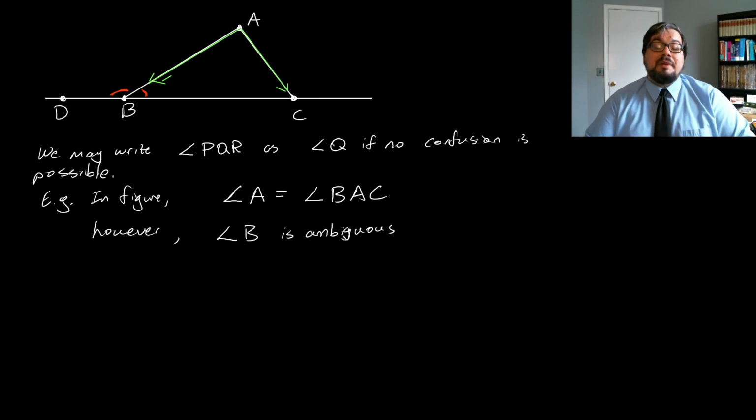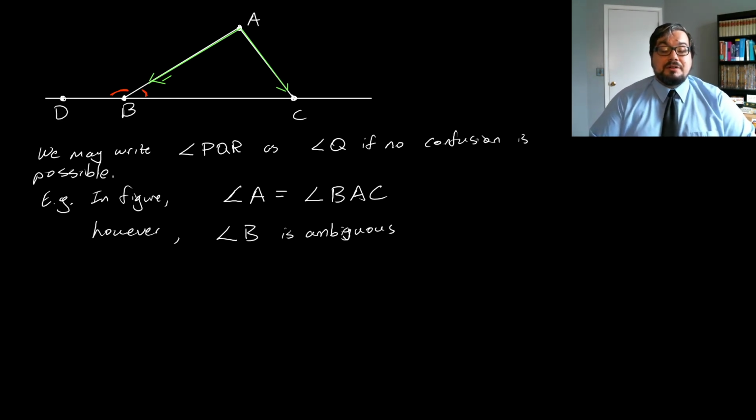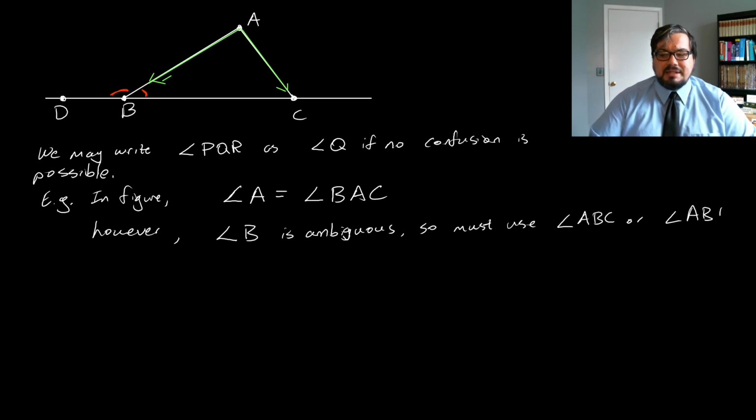It's not clear based on the figure that I've drawn. So in that case, if we want to refer to an angle with a vertex at B, we must use angle ABC or angle ABD to remove the ambiguity there. Similarly, angle C is ambiguous.